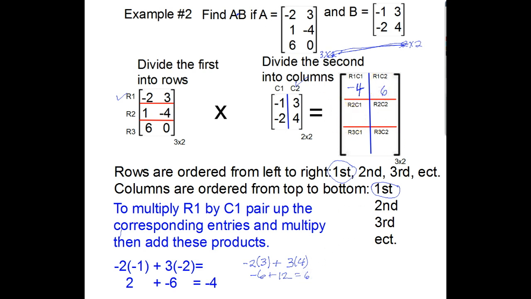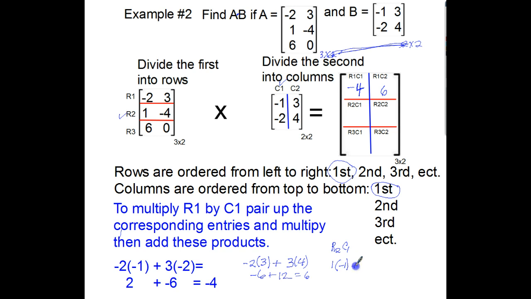Okay? All right, let's go to the next point in our problem. Row 2, column 1. So I'm going to take this row and multiply it by this column. So I'll pair those numbers up. We're going to have to find some empty space here. We'll do it right here. So this will be row 2 times column 1. It's going to be the first element in row 2, 1, times the first element in column 1, negative 1.